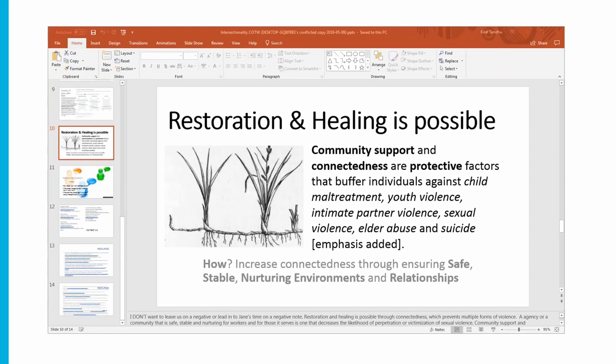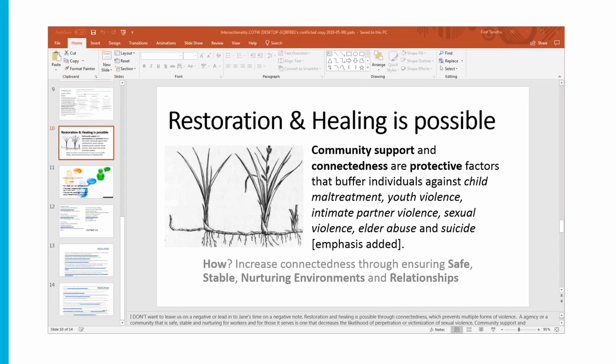That safe, stable, nurturing environments and relationships are important for everybody's wellness. And I share that it's a framework from, oh, can people see that now? Oh, thank you. It's a framework from the Centers for Disease Control, and it is called the Essentials for Childhood.